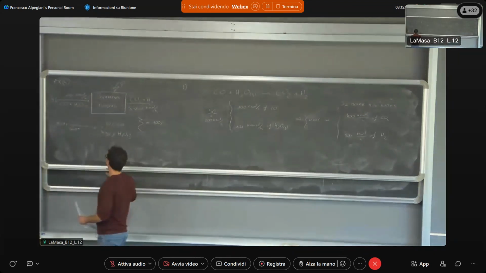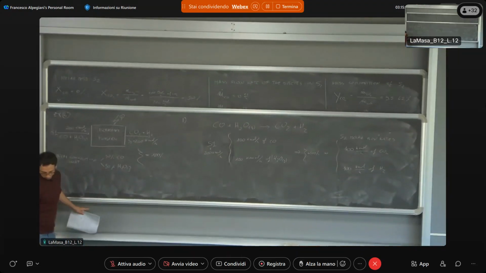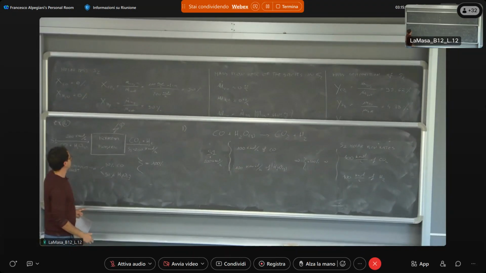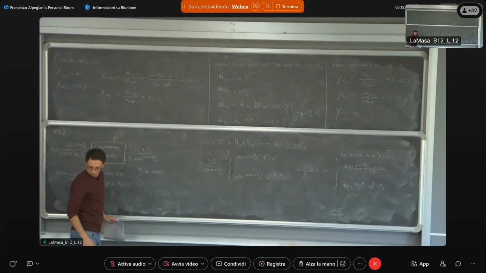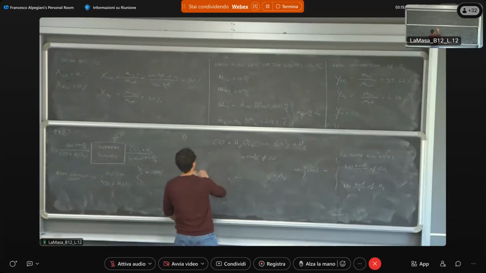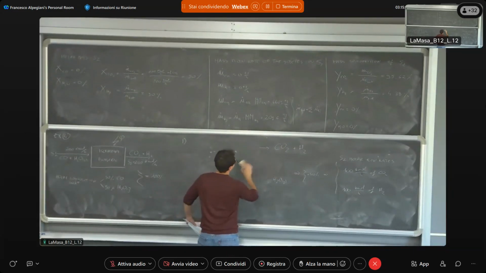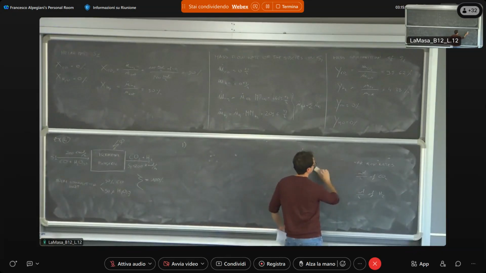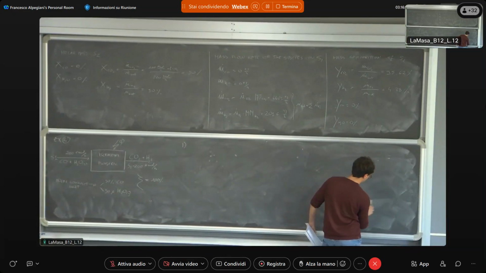Now, the third point of the problem asks to evaluate the heat released by the reactor. To do that, we need to write an energy balance, in particular on the species entering and on the species exiting.